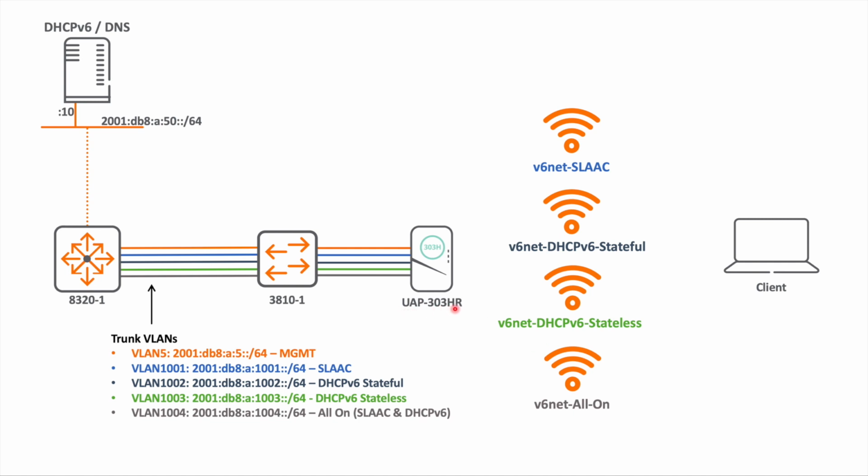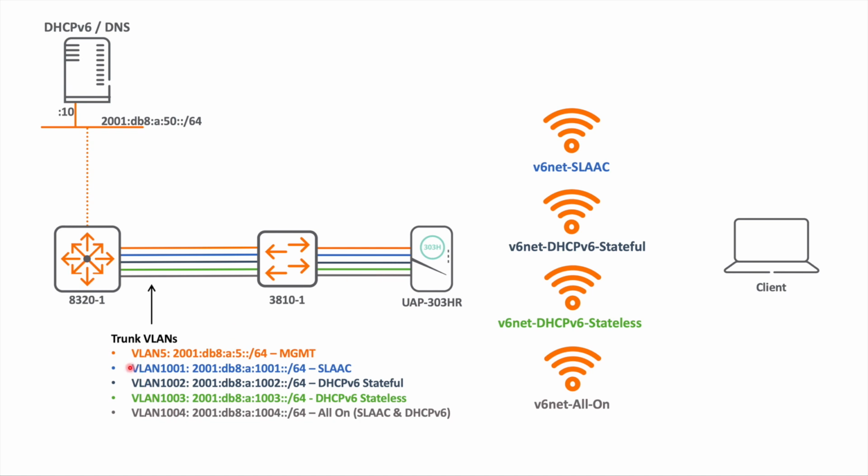To provide my WLAN. Now the way that this works is that on the CX device I've configured 5 VLANs, here they are detailed here, and the 8320 and the 3810 are connected with a trunk, and then the 3810 to the UAP is connected via a trunk that transports those VLANs.